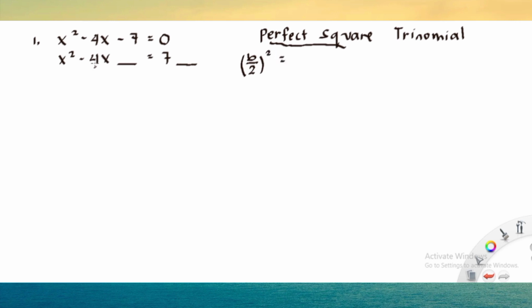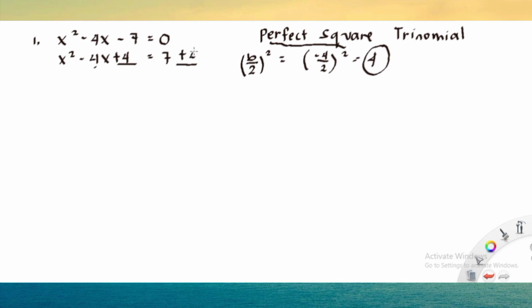So, ang b natin dito is negative 4. So, we're gonna have negative 4 divided by 2, following the formula, and then squared. So, negative 4 divided by 2 is negative 2. Square ng negative 2 is 4. Therefore, ito yung ilalagay natin sa blanks. So, we're gonna have here plus 4 because positive 4 ang lumabas.